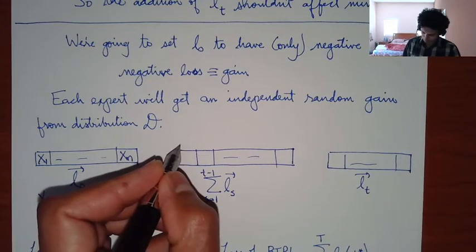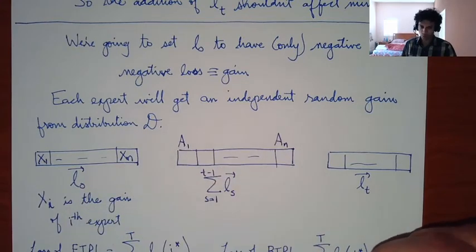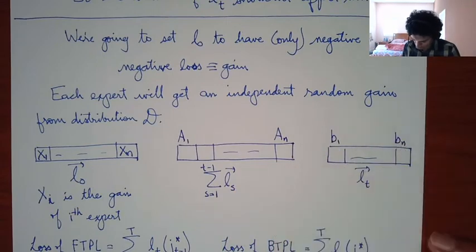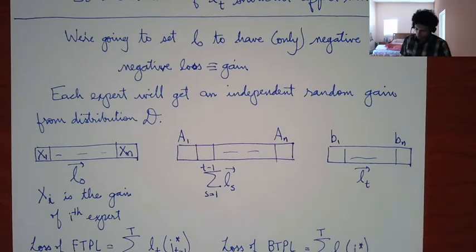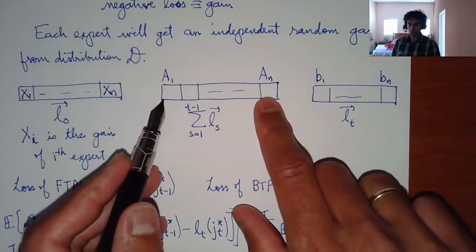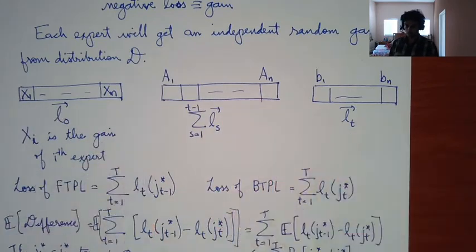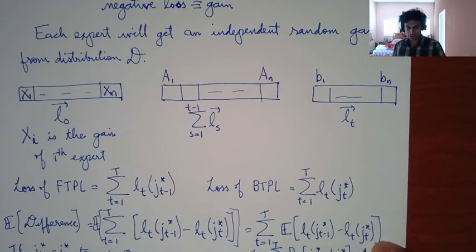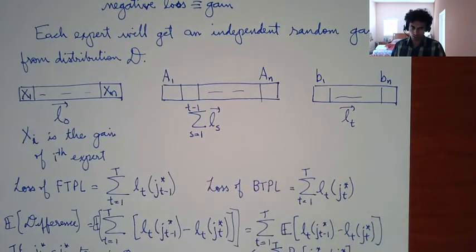For convenience, I'm going to name these as capital A_1 to capital A_N, these little b_1 to little b_n, and then you have x_1 to x_n. So what is J_{t-1}^*? It says you add the random vector to this vector and pick the minimum coordinate. In J_t^*, you add the perturbation to this vector and to this one. You add all three of them and take the minimum coordinate.